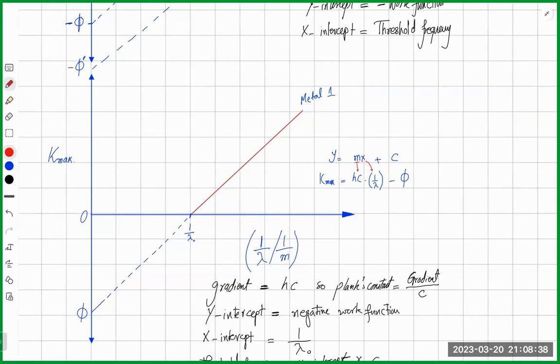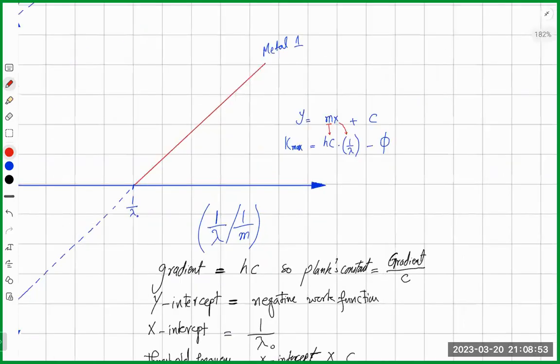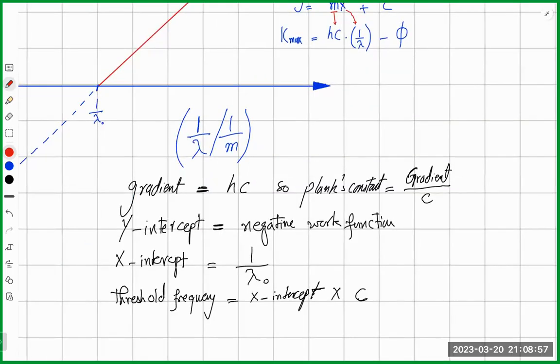Because in this graph, the examiner can check one more thing: whether the student can relate that f is c over lambda or not. So in this case, the gradient will not be the Planck constant. It will be the product of the Planck constant and the speed of light.